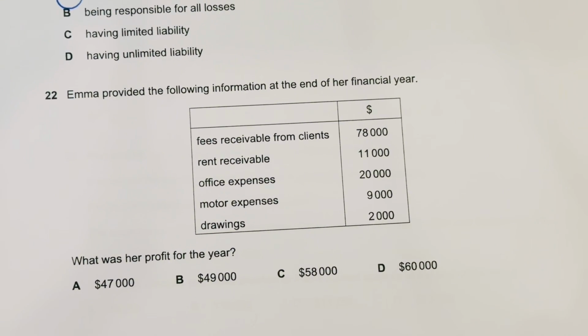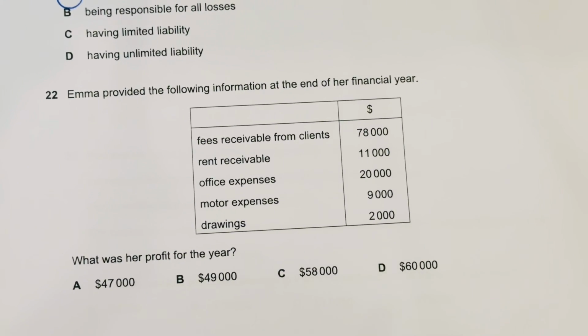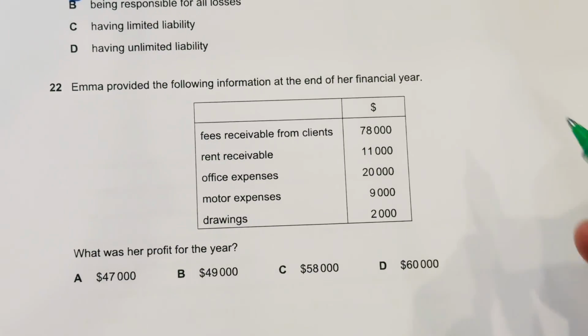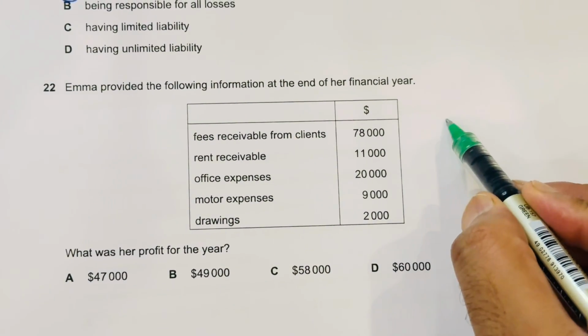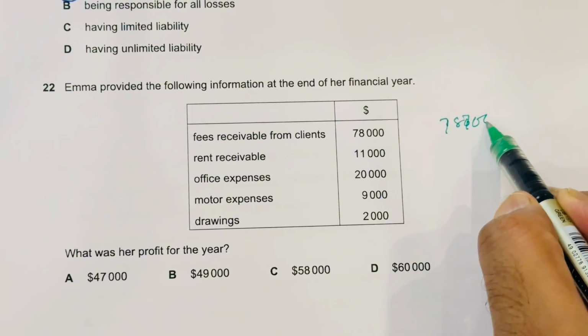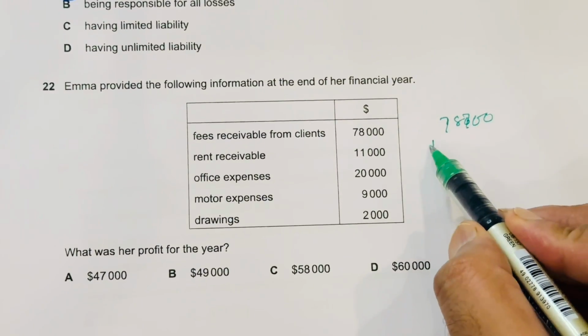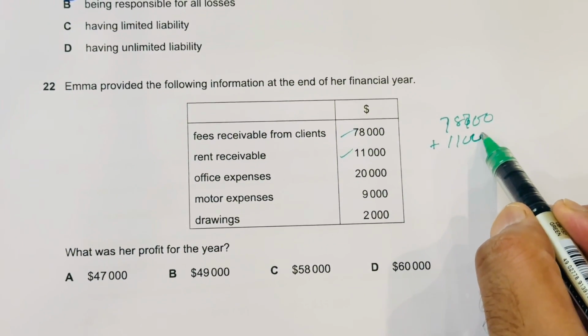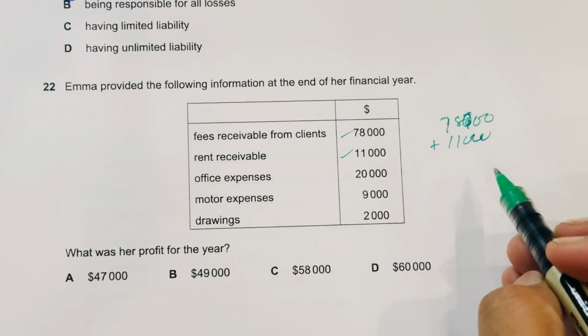Emma provided the following information at the end of the financial year. What was the profit for the year? Okay. Fees received, 78,700. It should be added in rent receivable. 11,000 should be 78,000. Okay.